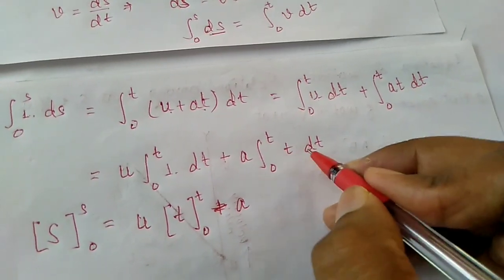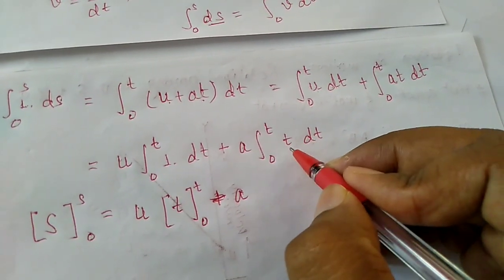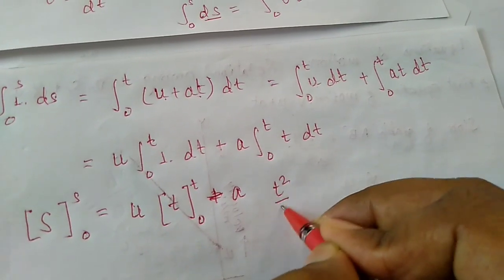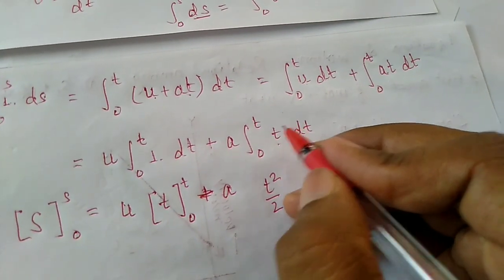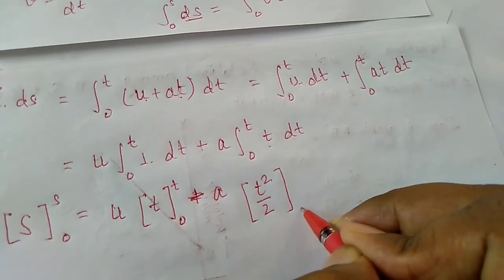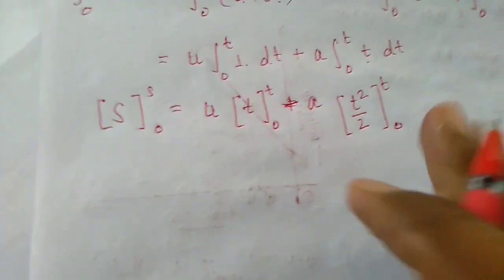Now integration of t dt. If you have seen in the photo that I showed you, the integration of t dt is t square by 2, with limits 0 to t. Now let's see what is going on.